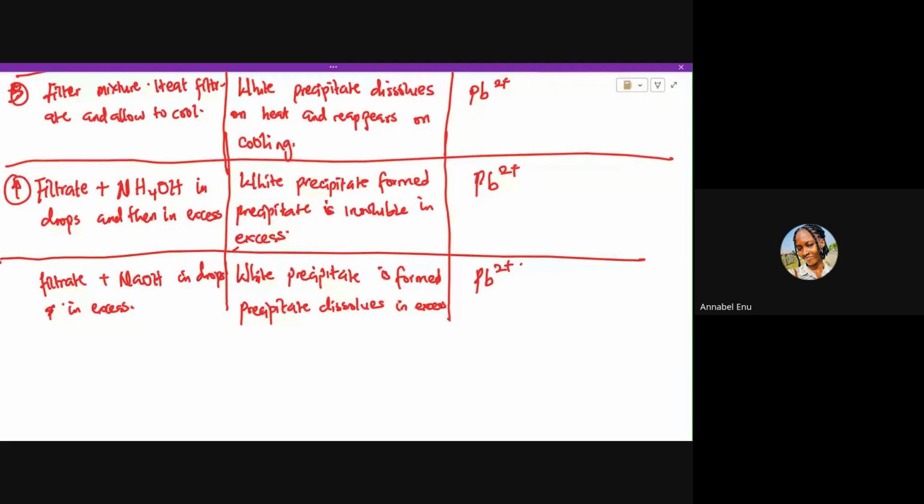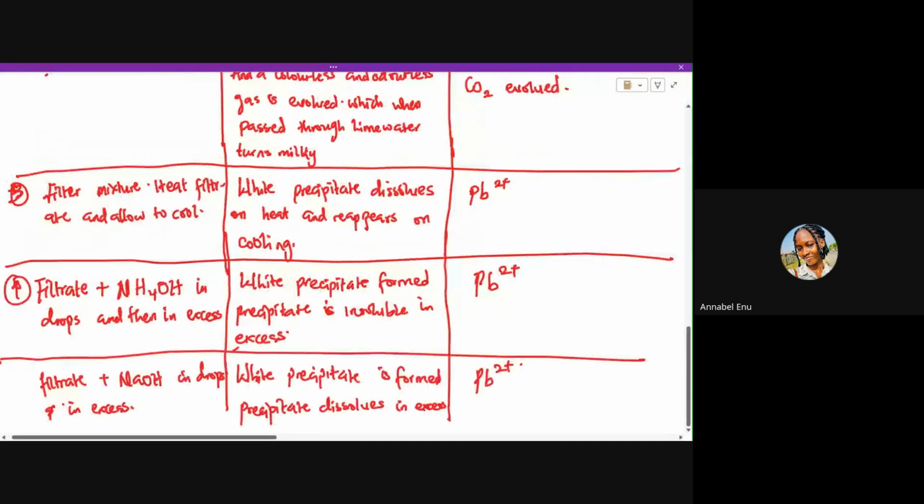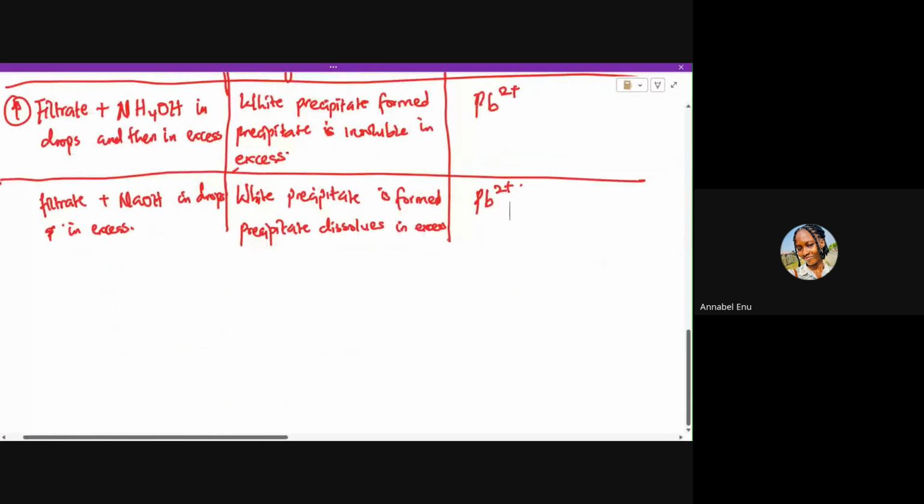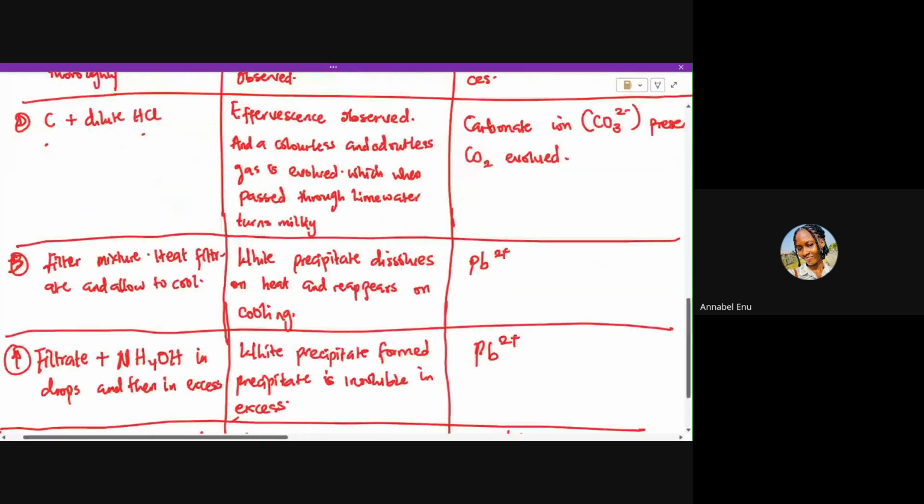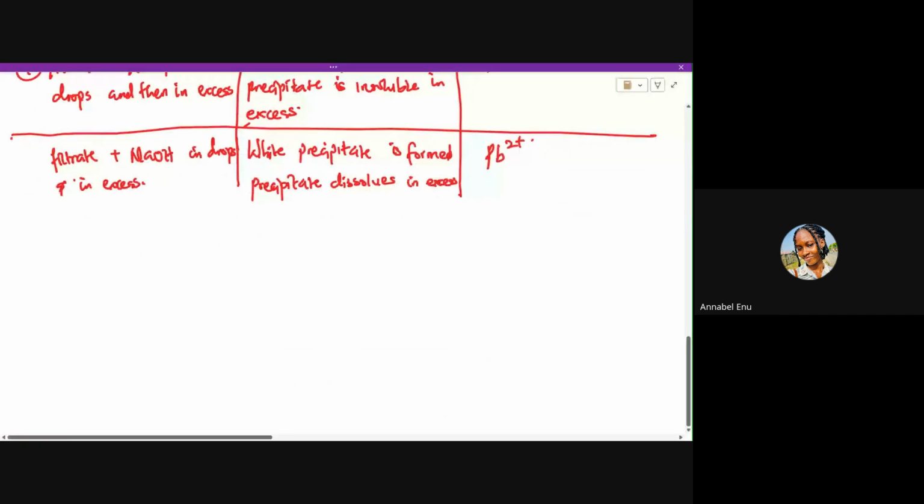Okay, so remember that initially we had, let me ask this question. We've not tested for our starch. We have seen different steps that will help us identify the presence of lead and of carbonates, which is in our organic salt. How about our starch? Where did our starch go to? Can anyone tell us and give us an idea of how we are going to test for our starch?